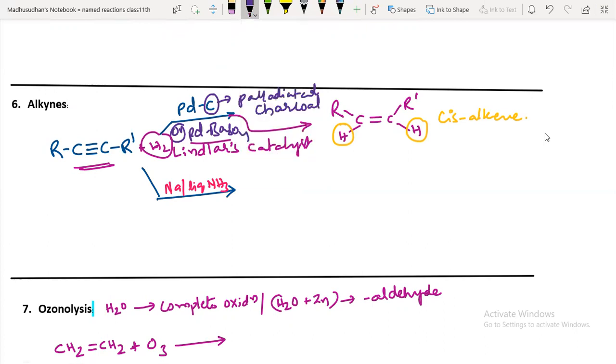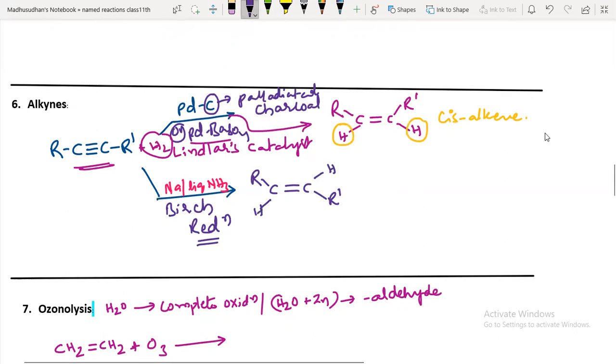Okay. Next, sodium in liquid ammonia. This is called Birch reduction, or Birch reagent. Sodium in liquid ammonia. You will get trans alkenes here. You look at this, hydrogens are opposite.